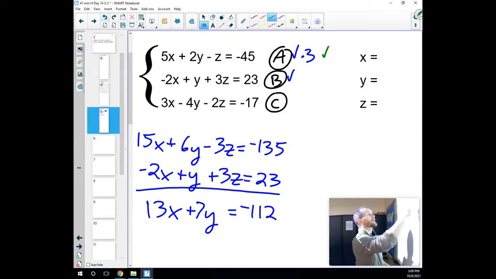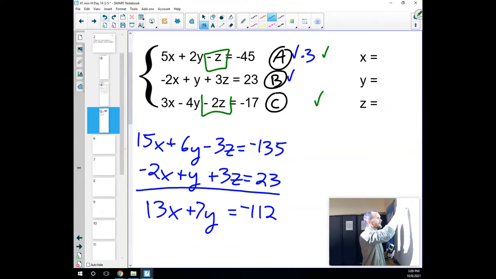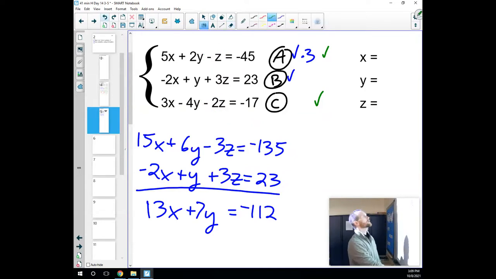Let's pick C as well because we've got a -z and a negative 2z. We can very easily multiply that negative z up top to create a positive 2z that will cancel out with the negative 2z. All we have to do is multiply by a negative 2, and that'll turn the negative z into a positive 2z.